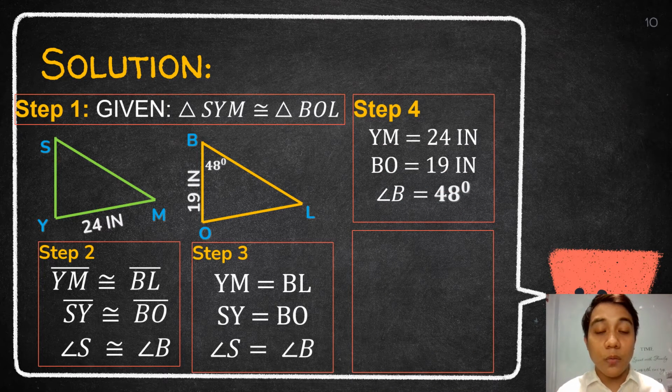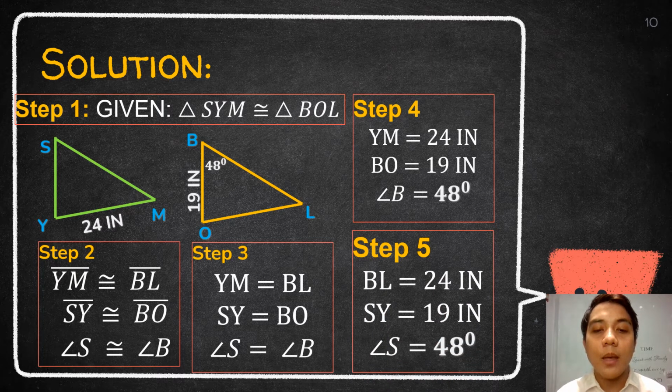YM is equal to 24 inches, BO is equal to 19 inches, and angle B is equal to 48 degrees. For step 5, we need to use step 3 and step 4 to determine the unknown length of the two sides and the included angle.